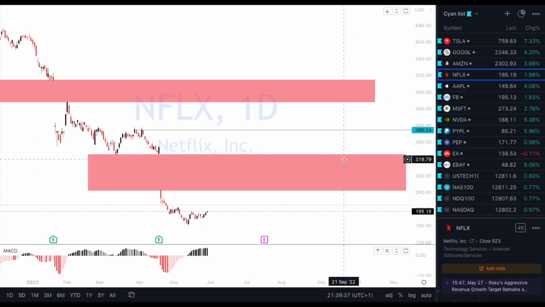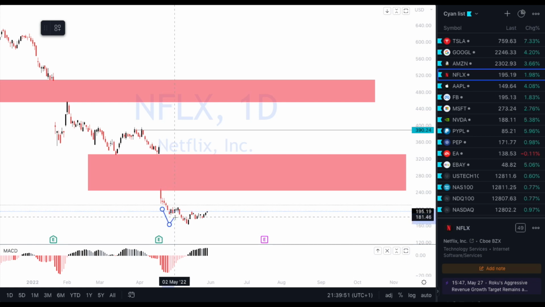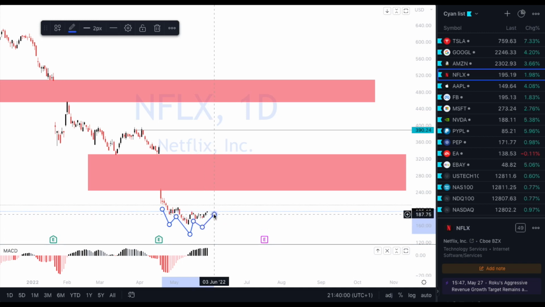And Netflix. Netflix has produced a higher low at this level, so this more or less is looking a little bit like this. This is what we've got going on with Netflix right now. And I literally cancelled my Netflix like yesterday, so who knows, maybe that will have a little impact.